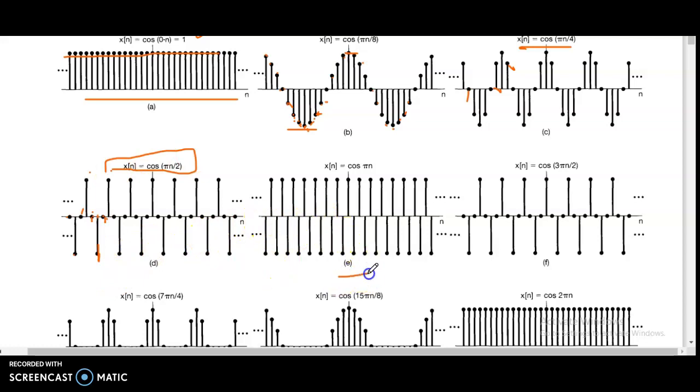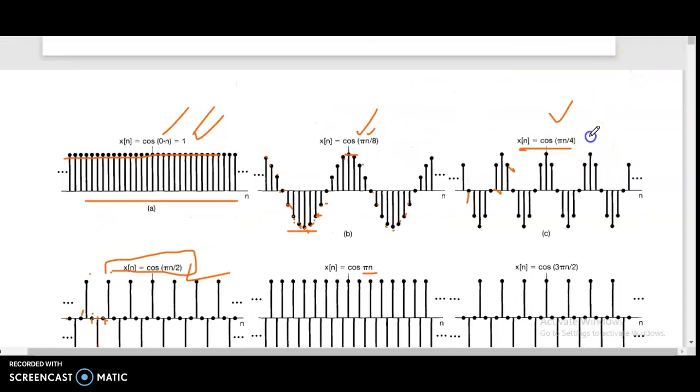Here in figure E, x of n equal to cos pi n. What is happening? Cos pi n. Here not any divide to pi n. Here divided by 2, here divided by 4, here divided by 8. All are pi n multiplication. Here n multiplied with 0, n multiplied with pi.